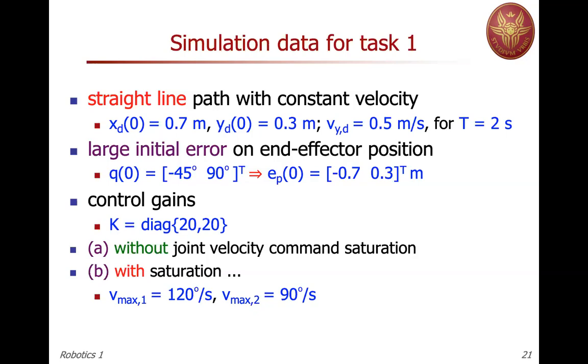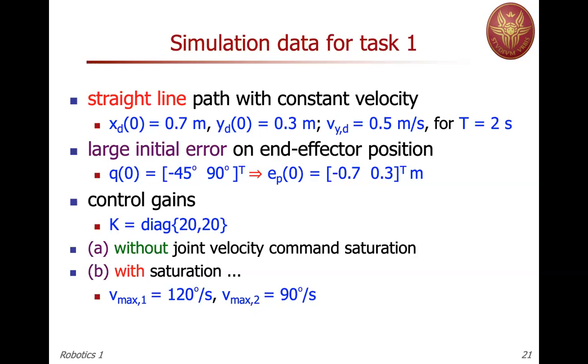And I have to move along this straight line with a constant speed of 0.5 meter per second only in the y direction, which means that the x desired will remain at 0.7, and this is a line along the y-axis from 0.3 for 2 seconds at half meter per second, so I will trace 1 meter. So I will go from 0.3 to 1.3 meter along the y direction.